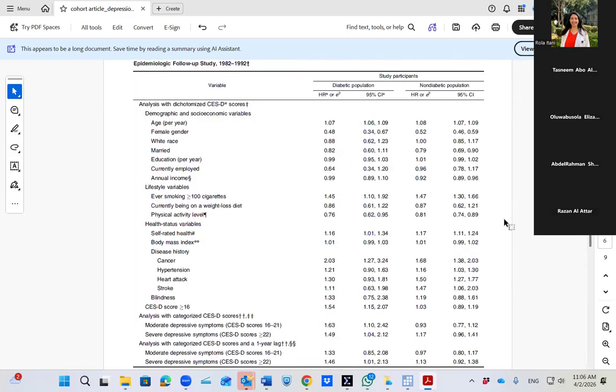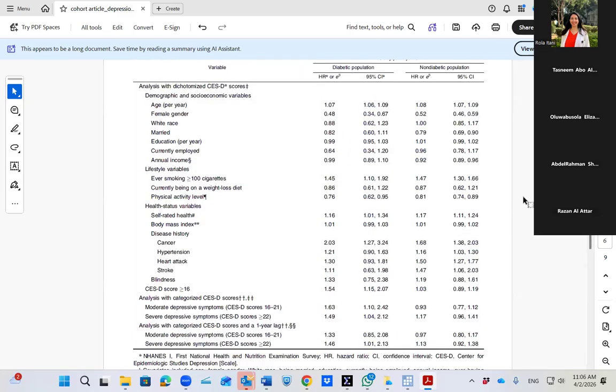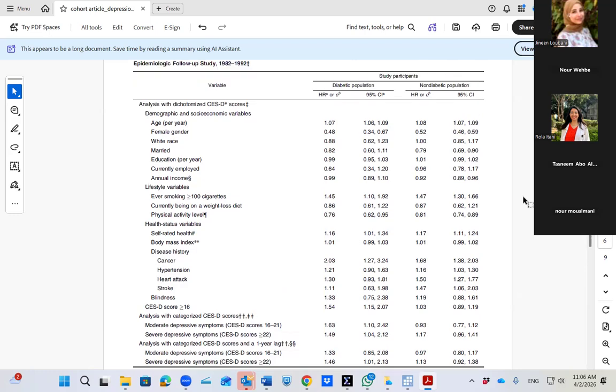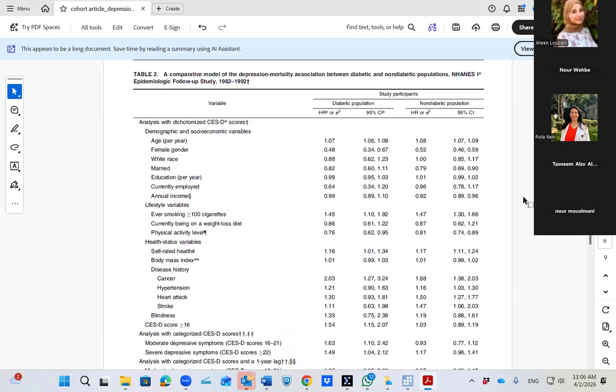What's the main purpose of table 2? So this is table 2. Table 2 is a comparative model of depression mortality association between diabetic and non-diabetic.